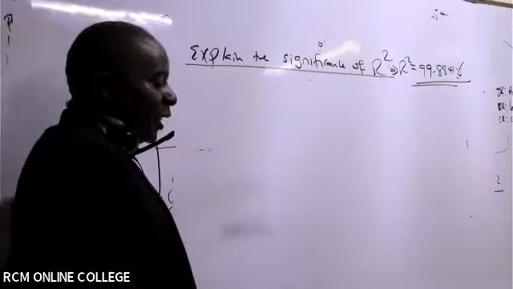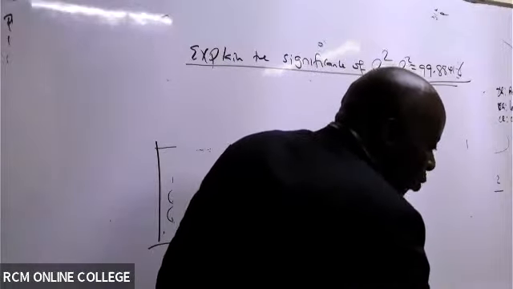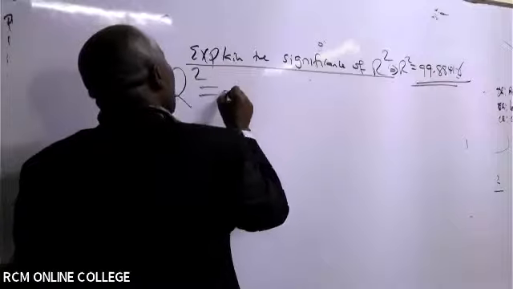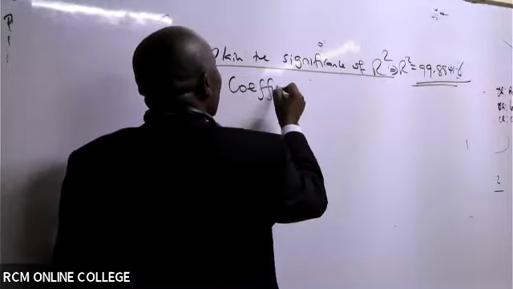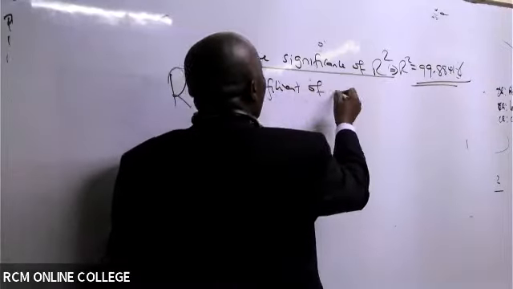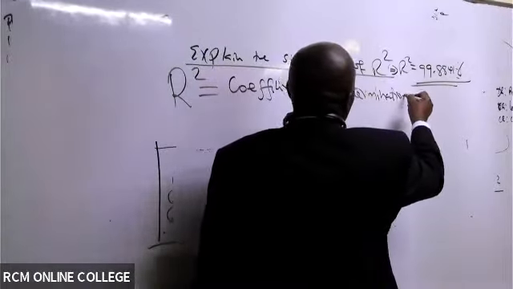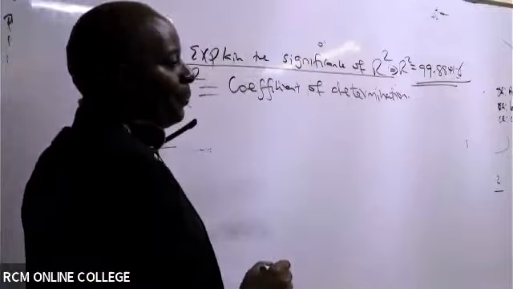Explain the significance of R squared. If you remember very well, R squared is also known as the coefficient of determination. Not correlation, but determination.